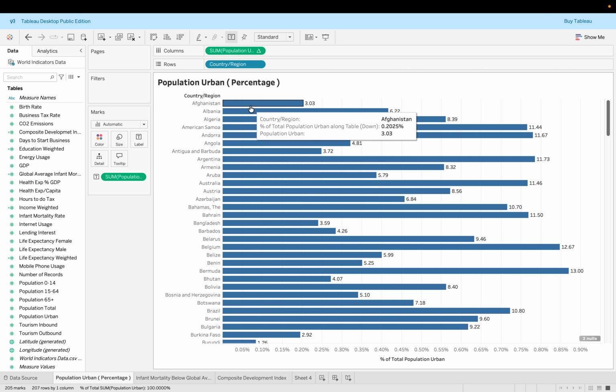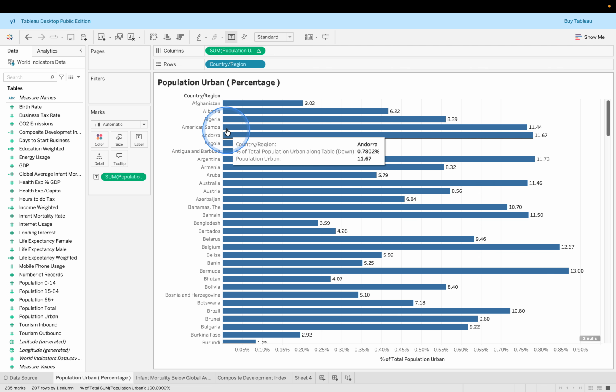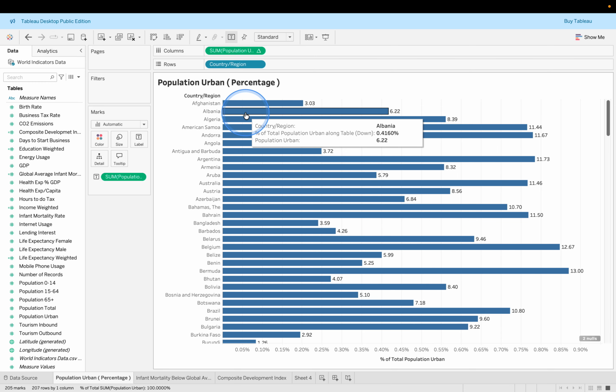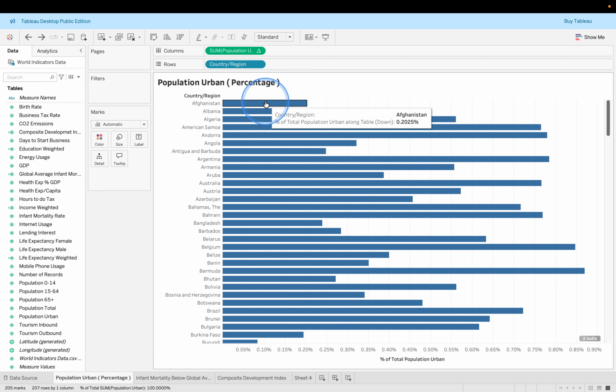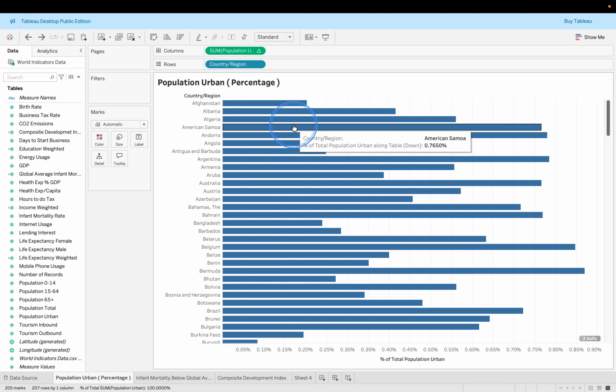We can see the percentage of total as 0.2025 for Afghanistan. It's in 4 decimal places, so we can see it for each country.